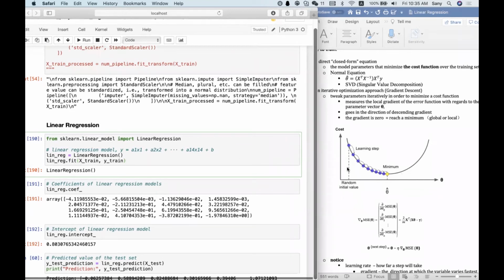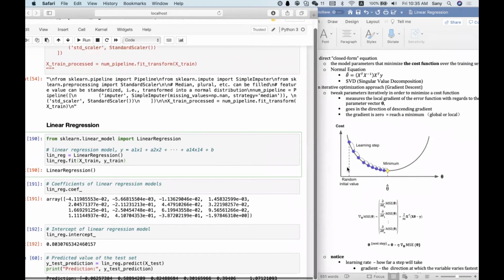This is why we need to know the basic math knowledge behind them, because it will help us understand the intrinsic qualities the machine learning algorithms have.